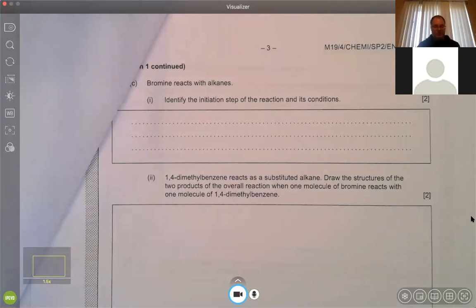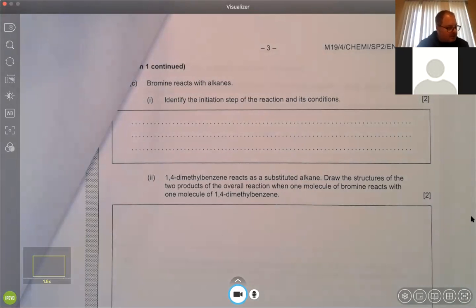Basically, the first step would be the bromine splitting into free radicals. Free radicals. Homolytic fission. Homolytic, lithic or lytic? I think it's lytic, yeah. So that, and then it says 1,4-dimethyl-benzene reacts as a substituted alkane.